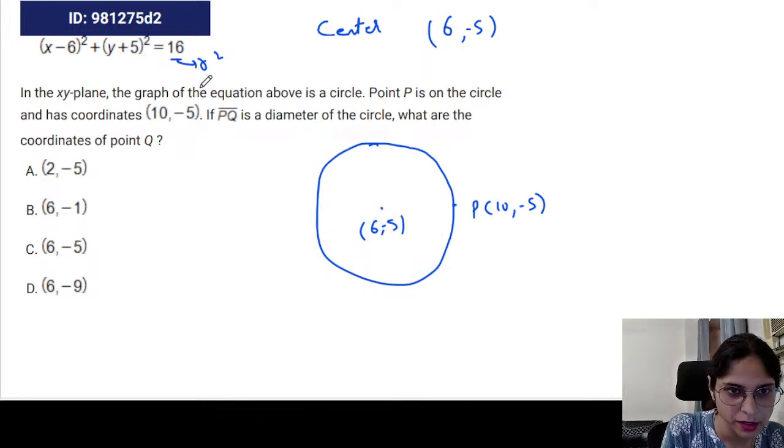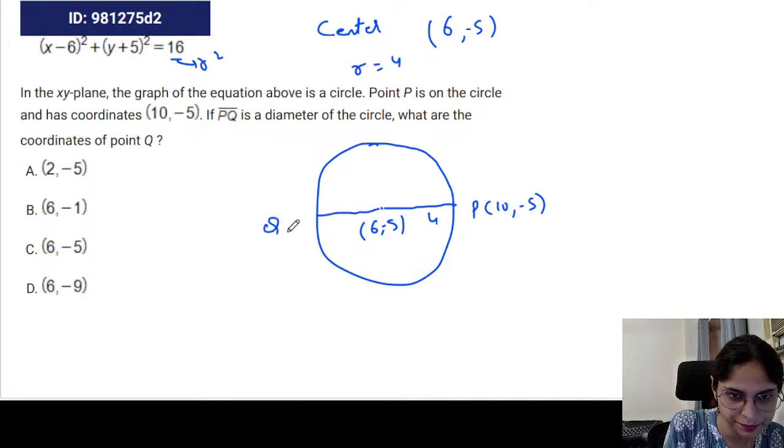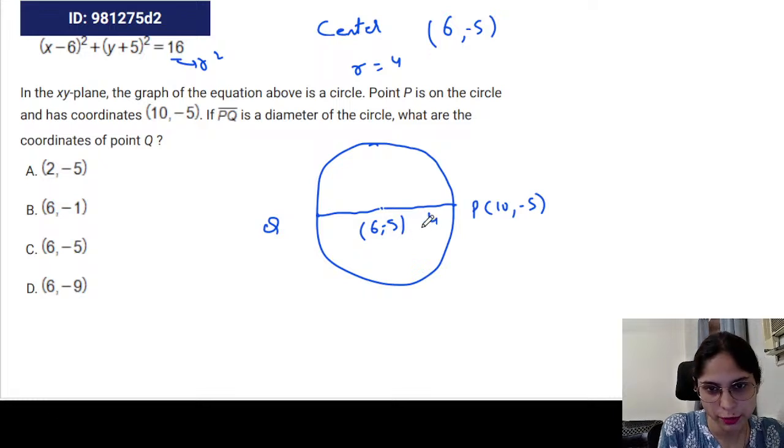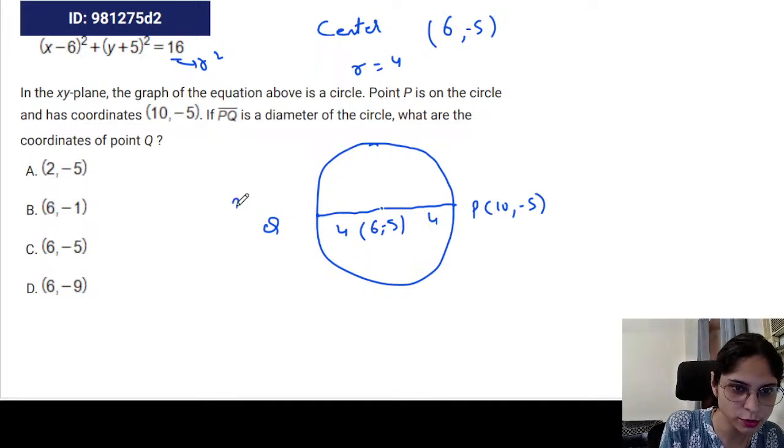Right? And radius we know is 4. So you see -5 is the same thing. So Q will be exactly on the opposite end of it. So on the opposite end, you will be going 4 on this side. So 6 minus 4 is 2. So the answer is 2, -5.